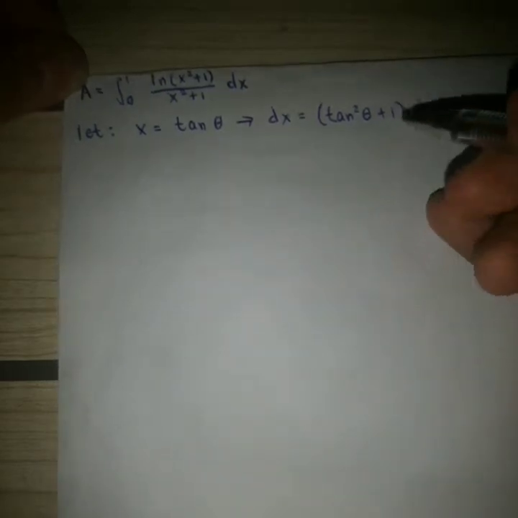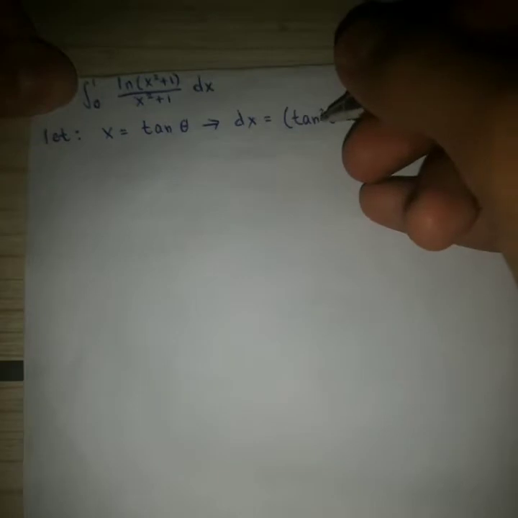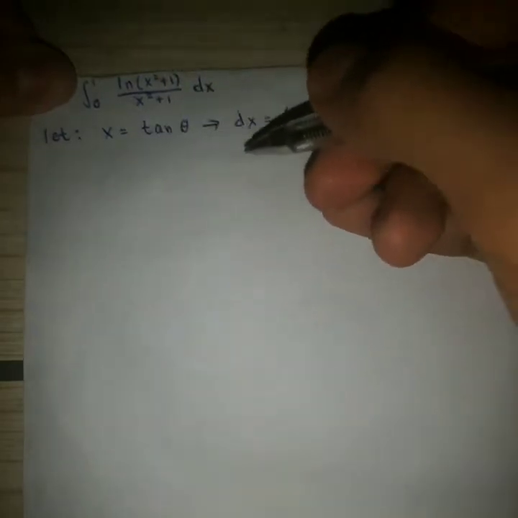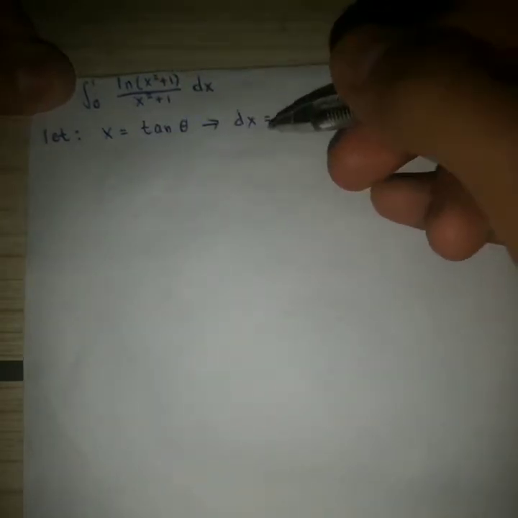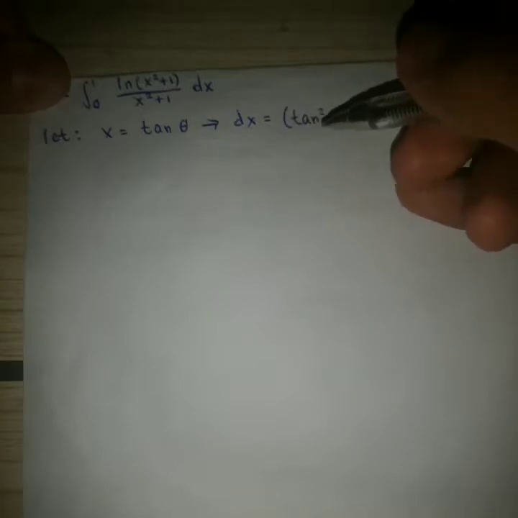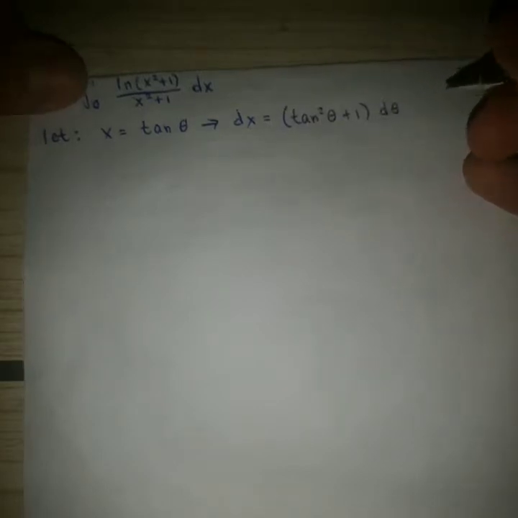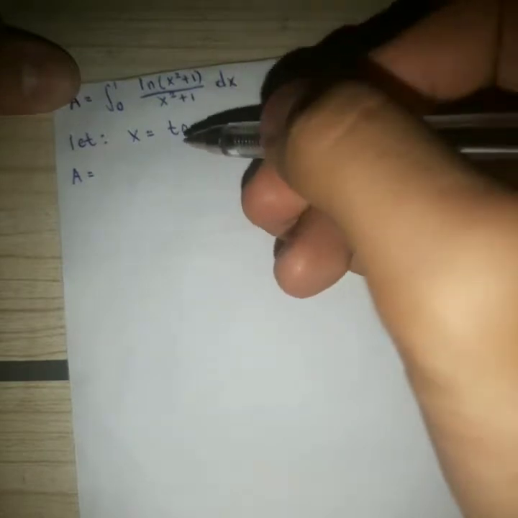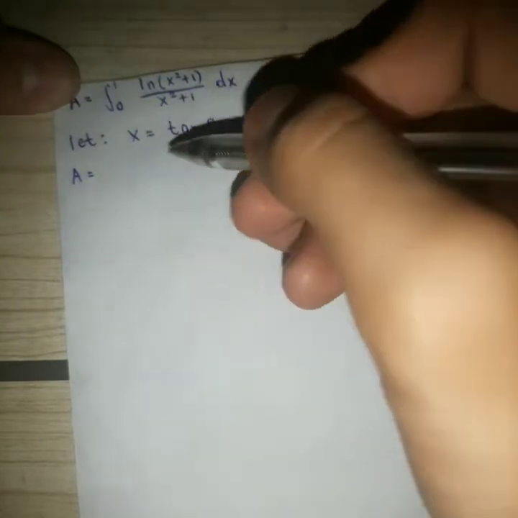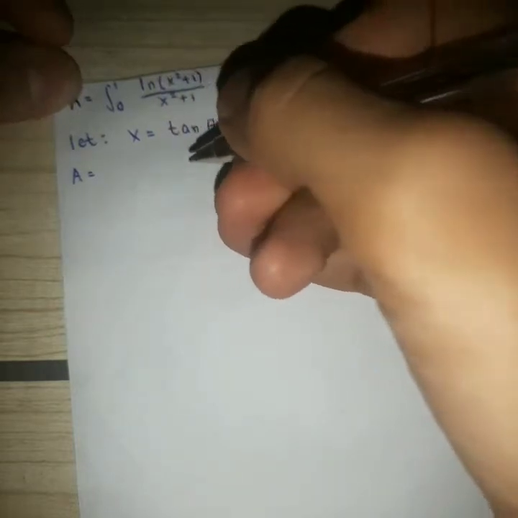So here, notice that since x is equal to tan theta, then we could also say that dx is equal to (x squared plus 1) d theta. So here we now have A is equal to, since arctan of 1 is equal to pi over 4 and arctan of 0 is 0, our limits will become from 0 to pi over 4.